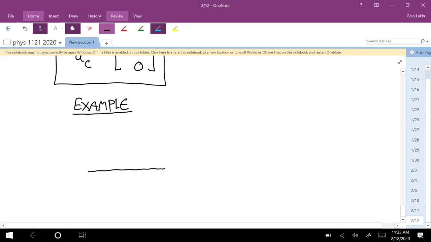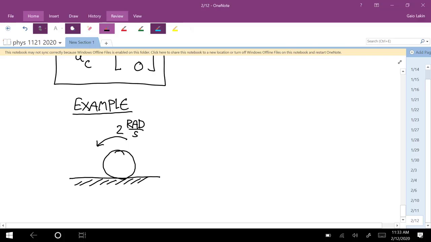All right, so let's say this is horizontal. And you have this wheel rolling with an angular velocity this way of, let's say, 2 radians per second.